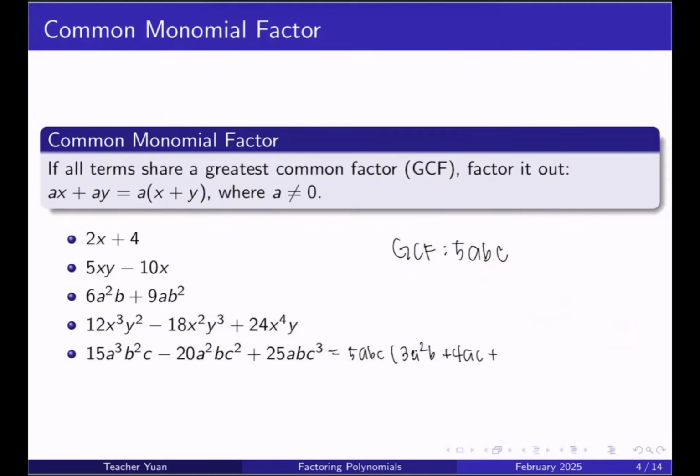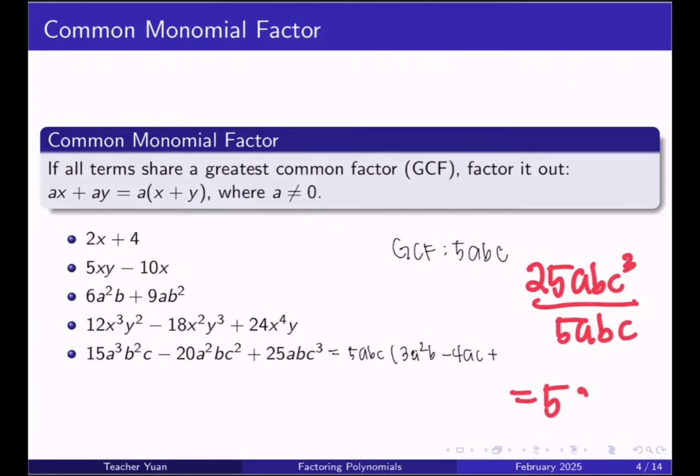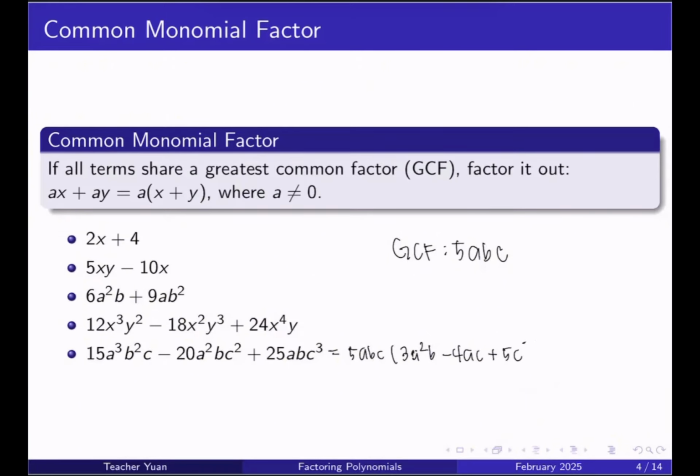For the last term, oops, this is subtraction. For the last term, we have 25abc cubed divided by 5abc. This is equal to 5c squared. And this is our final answer: 5abc times 3a squared b minus 4ac plus 5c squared.